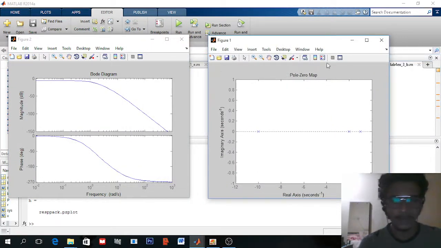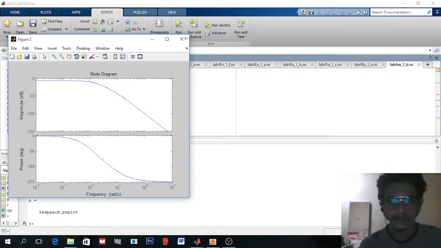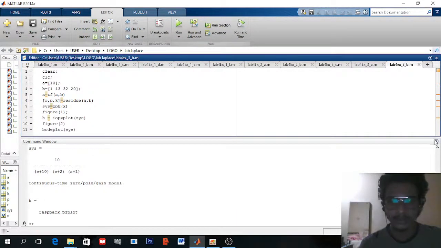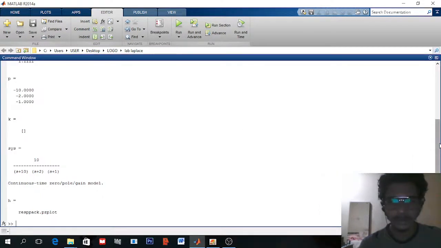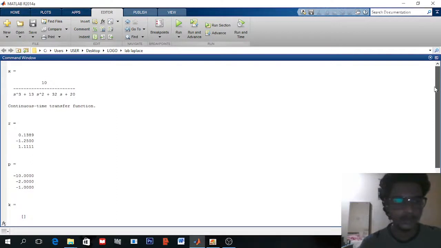One is the pole-zero diagram and one is the Bode diagram. The crosses you can see are the poles in the pole-zero diagram. As for the result, this is it.